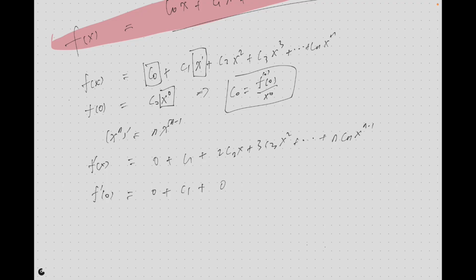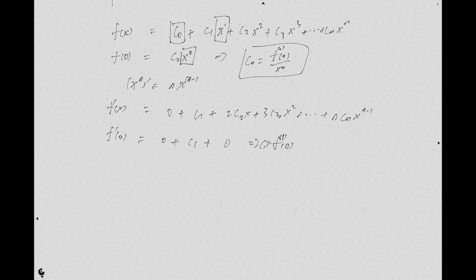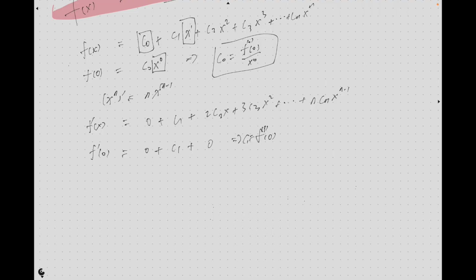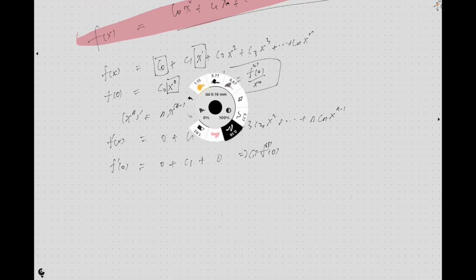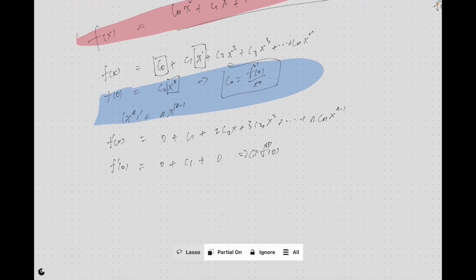So here we could only get f prime of 0 equals c1, because everything else becomes 0. So c1 is the first derivative of f at 0, right? Maybe it's not really a good idea to do it this way, but I think there's a good point here. Now let's keep doing this.